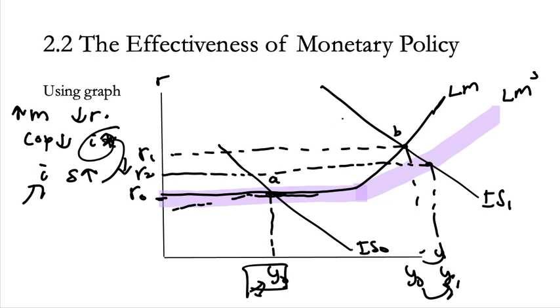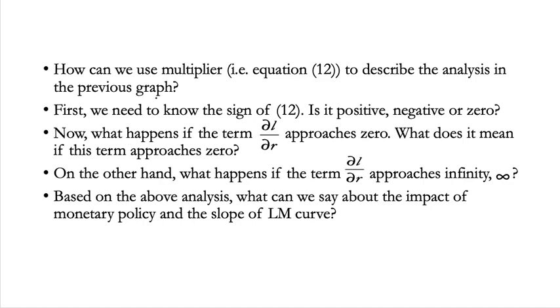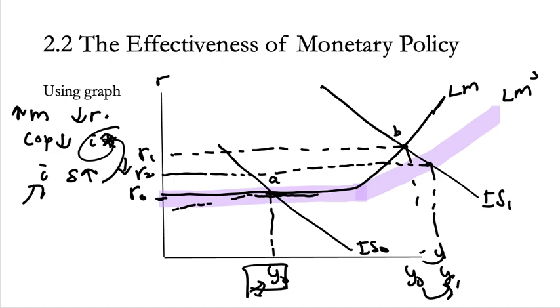Alright, so here in this case, can you try to study more about the liquidity trap? Now, the explanation here is using graph, not mathematics. So at your level, we need to have mathematics explanation, okay? Because we want to see how multiplier can be used to explain this scenario.